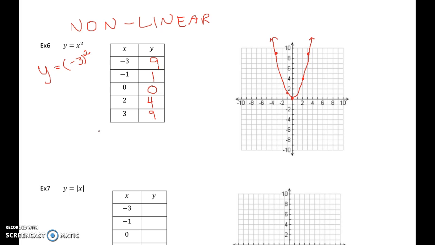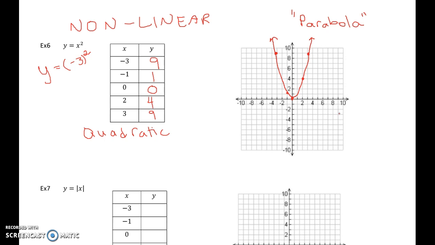This is called a quadratic equation. You might have seen this before. We'll talk more about quadratics later on in the course. And this shape, you might recognize it as a parabola. You might have heard that word before. Again, we'll learn more about parabolas later on in Chapter 9 and Chapter 12.